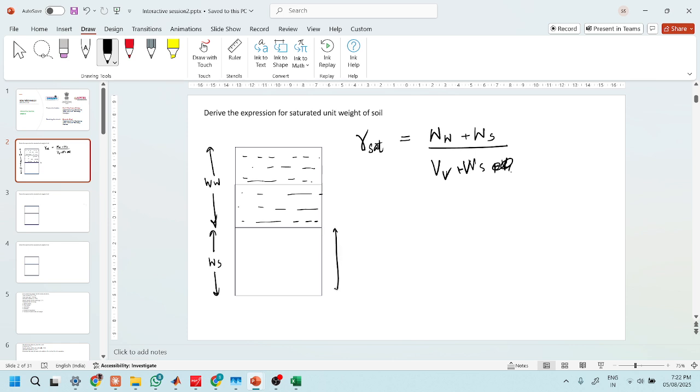On the other side we will have volume of solids and volume of water. So this will be the complete volume.